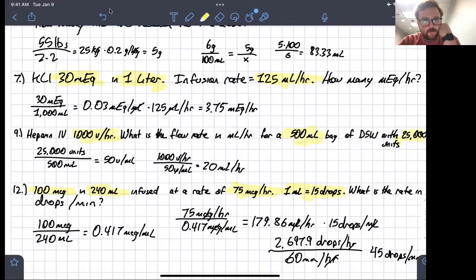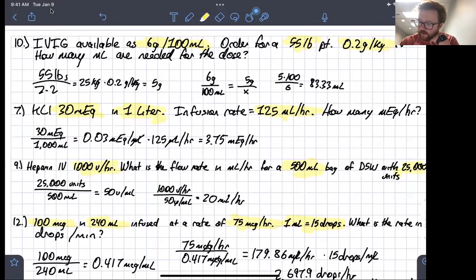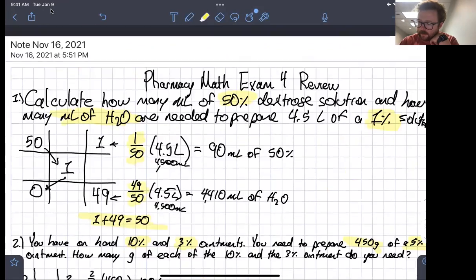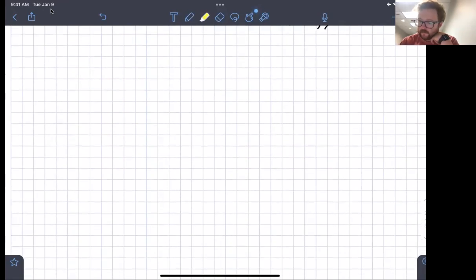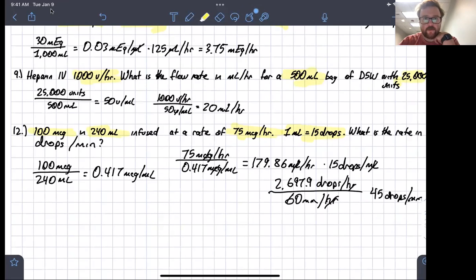I think that covered everything. Right? Pediatric, weight-based, alligation, drip rate. I think that covered everything. So if no one has any questions, and if anyone has any questions, just throw them in the chat. But if no one has any questions, I think that's where we're going to stop.